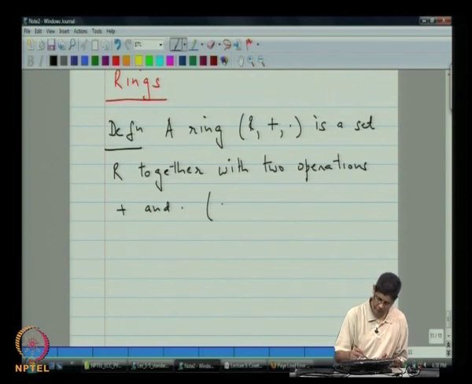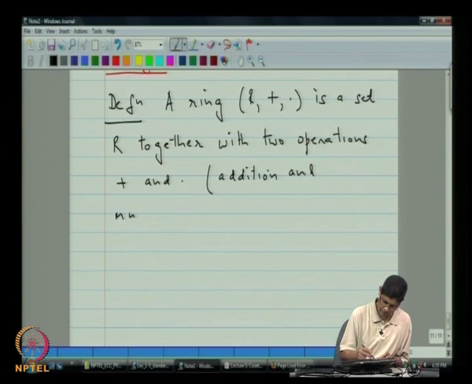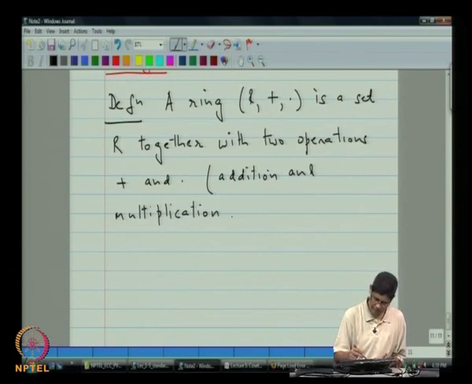You can think of these as addition and multiplication respectively.